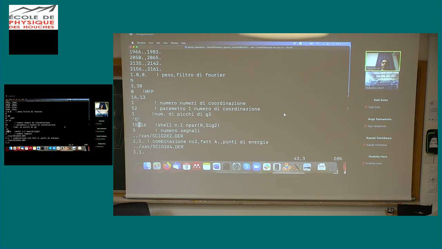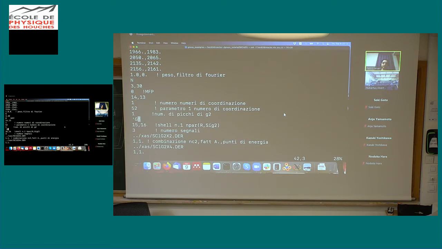So because we use Gaussian, we need two parameters. So it's the average distance, so the center of the Gaussian, and the sigma square. So let's call this Debye-Waller-like factor.